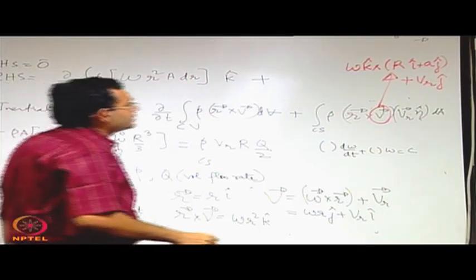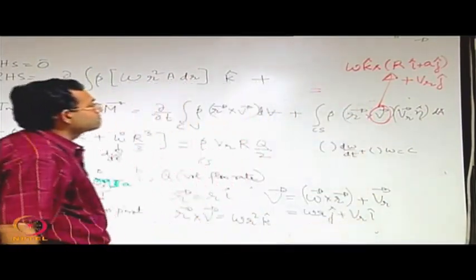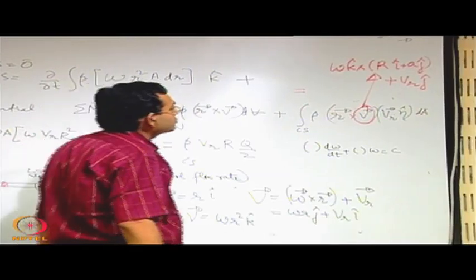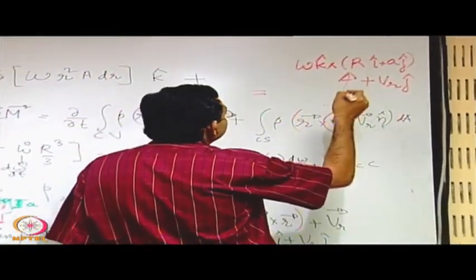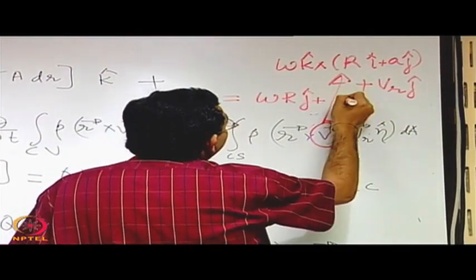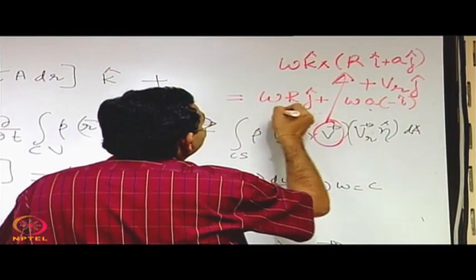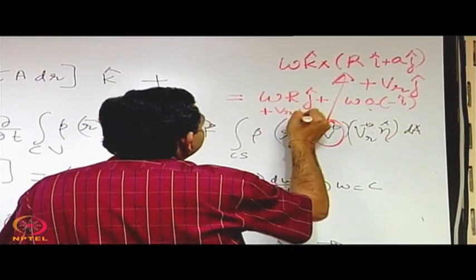So what will be that? Omega r j plus omega a minus i, plus Vr j.